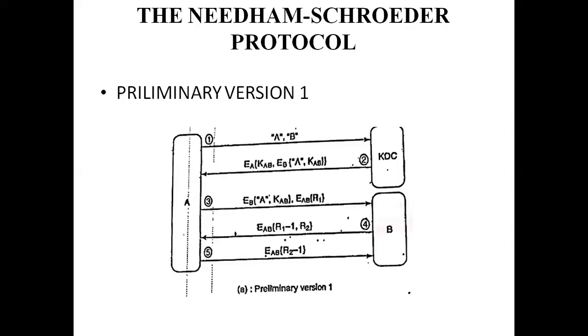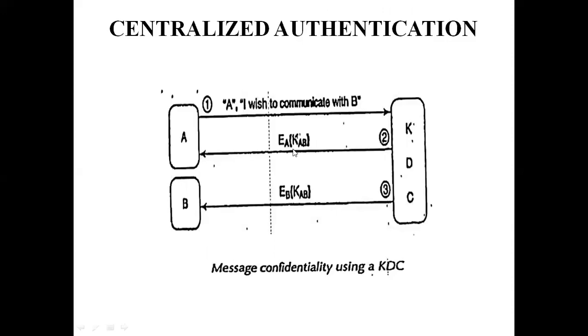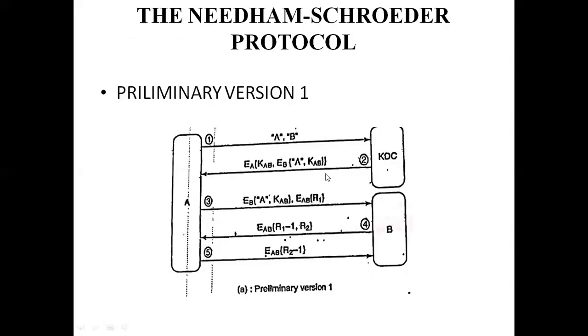Next we are going to see the NEEDHAM-SCHROEDER protocol. This protocol enhances the earlier one to provide mutual authentication by including a challenge-response phase. Whatever we used in centralized authentication, it enhances in preliminary version 1.